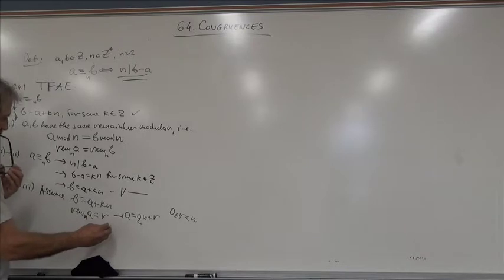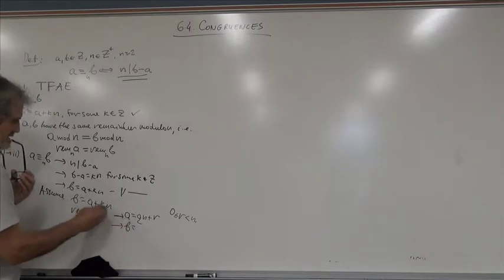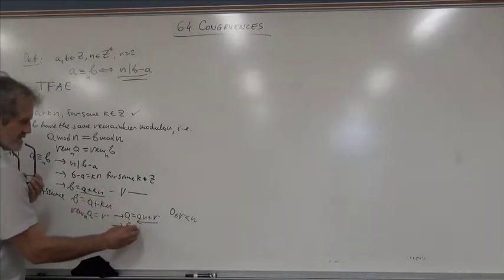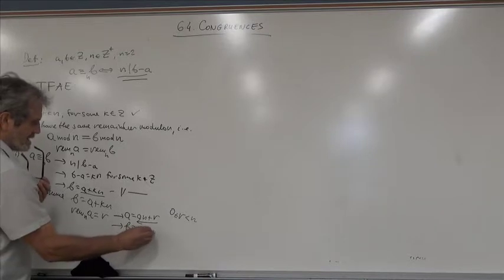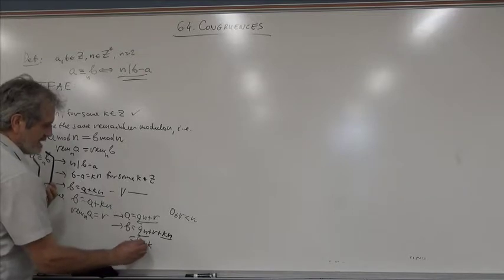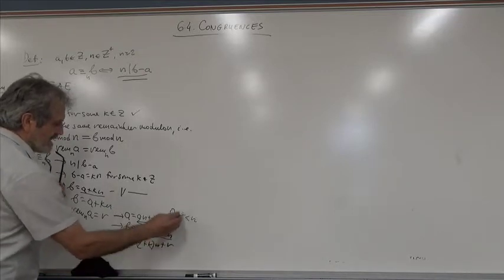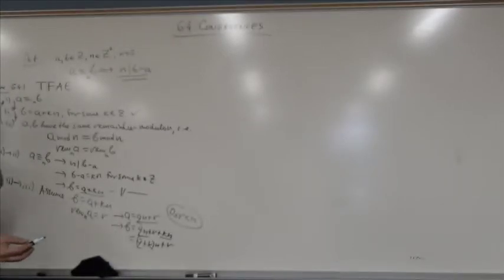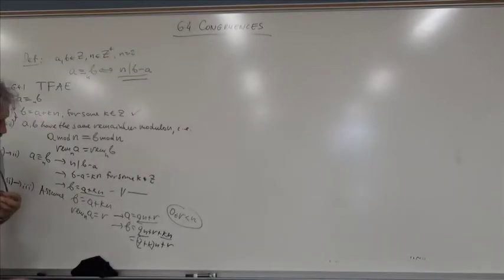But then how much is b? It says a plus kn, so it's qn plus r plus kn. I put these two together: q plus k times n plus r, where r is between 0 and n by definition of a remainder. That's the remainder for b as well.